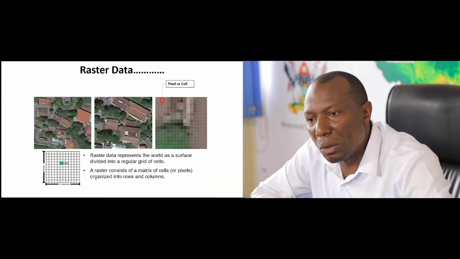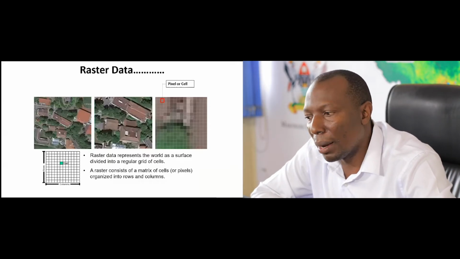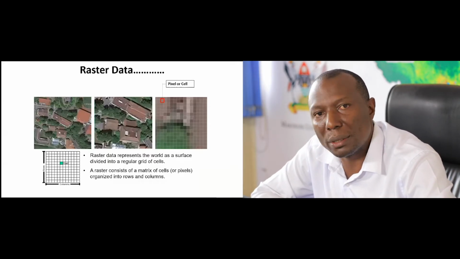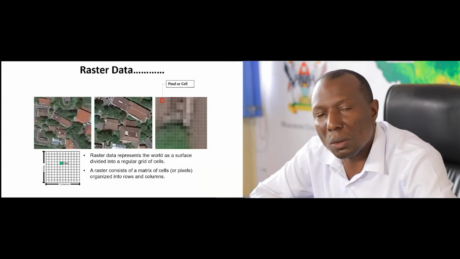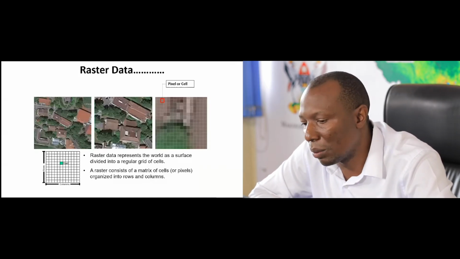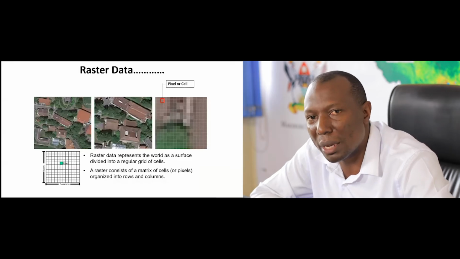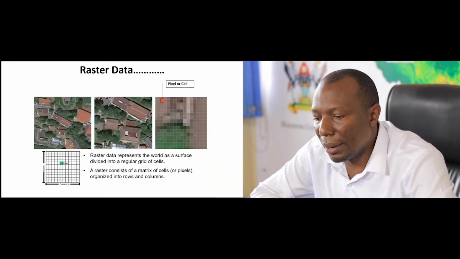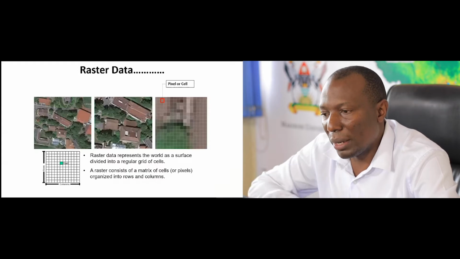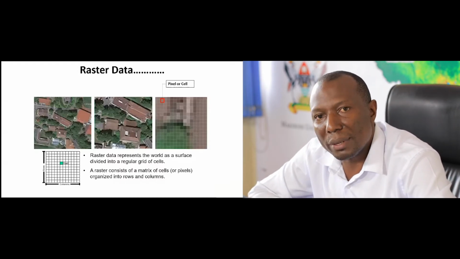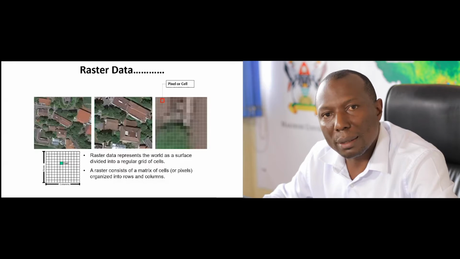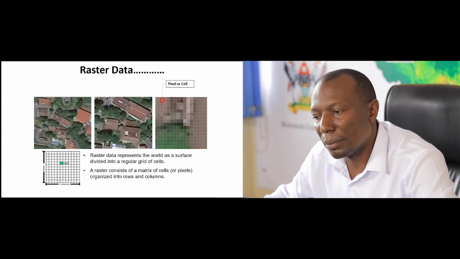For rasters, when you zoom in, you'll have an array of rows and columns, and those cells we sometimes refer to as pixels or grids. A cell will represent a certain unit in an image.